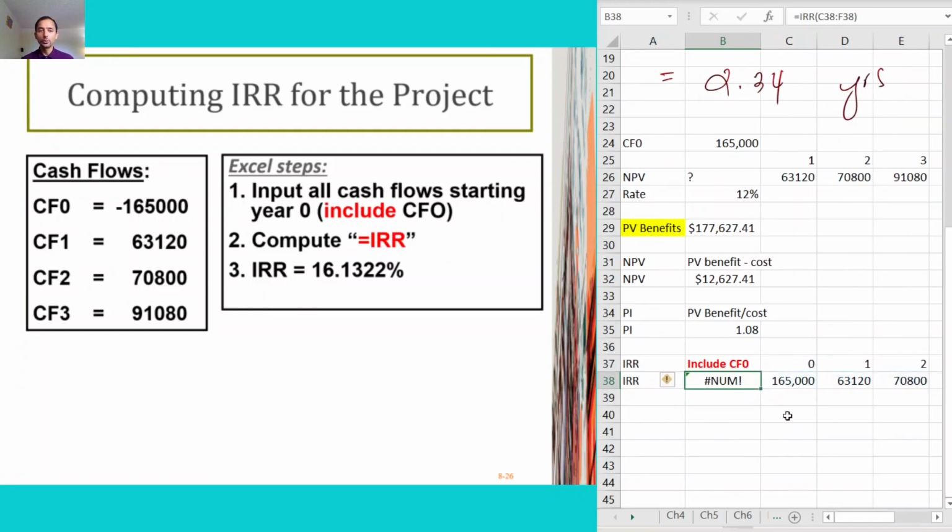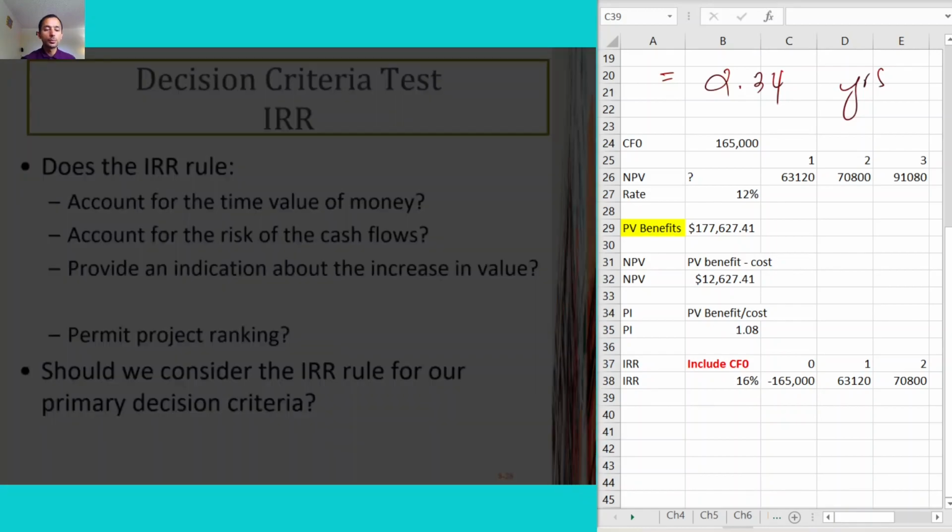Okay, so now here is another thing that we need to keep in mind. Here, our cash cost is negative, so we need to input it as negative. While calculating IRR, we need to make the cost negative.